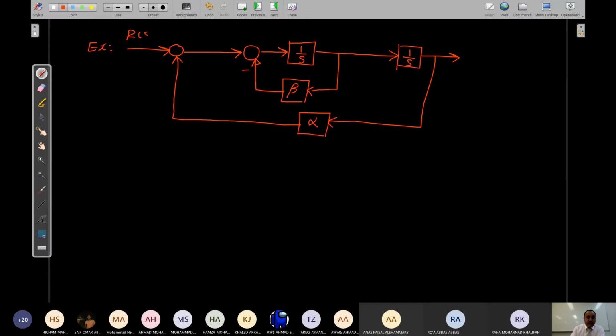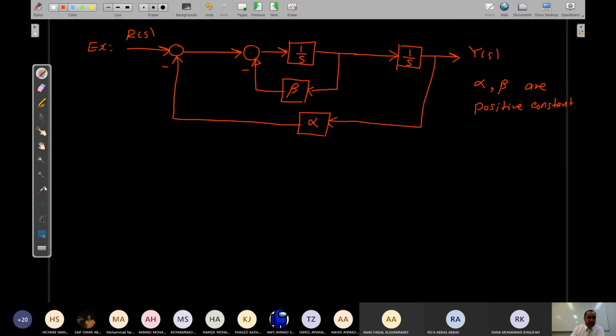Let's assume this is R of S, negative feedback, and this is Y of S. Alpha and beta are positive constants. And this is 1 over S, an integrator.